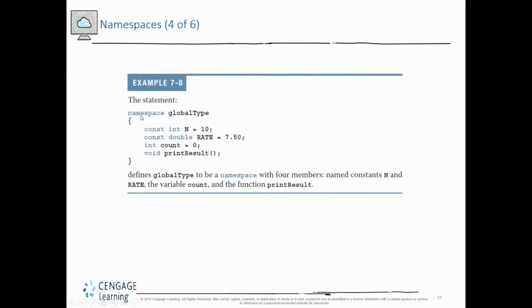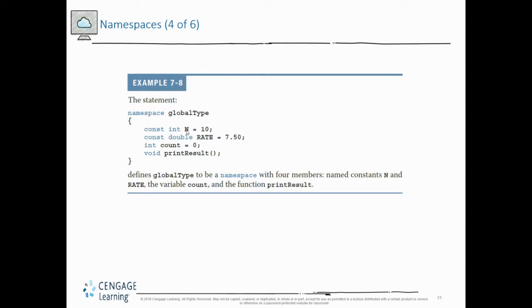Okay, so here is an example, namespace globalType. It has an integer constant, a double, an int for count, and a void for print results. Now, if you were going to refer to any of these values outside of this namespace, meaning after this closing right curly brace, then if we were to refer to N, which is this integer, we'd have to use the double colon.